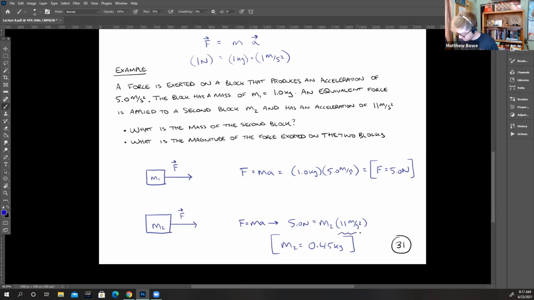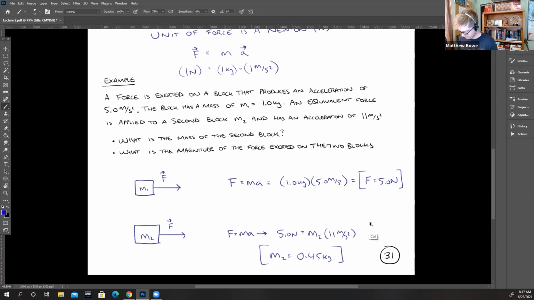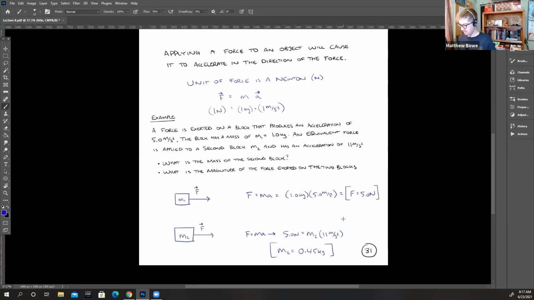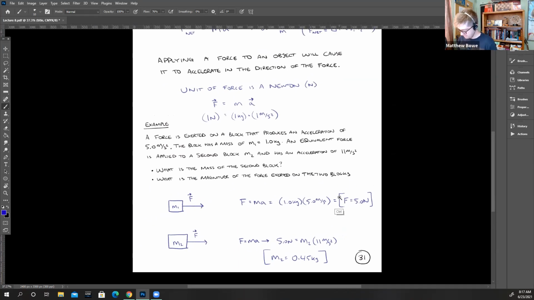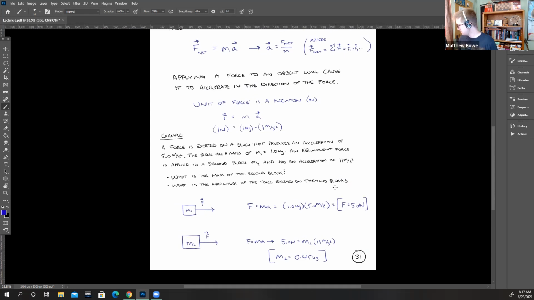That means it's going to accelerate faster. So we have this larger acceleration here than we did for that first block. So if you push a small object, it's going to accelerate quicker. So all of our values sort of look correct, and we can intuitively see they are. All right.